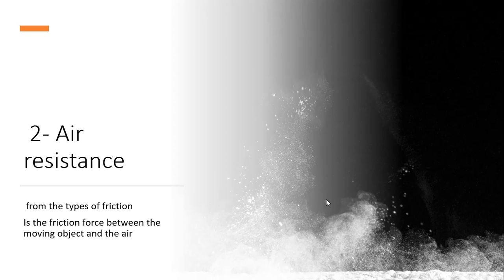So air resistance is a second type of friction, because it happens between the air particles and the moving object in the air. And watch out, air resistance only happens to bodies that are moving in a certain direction.